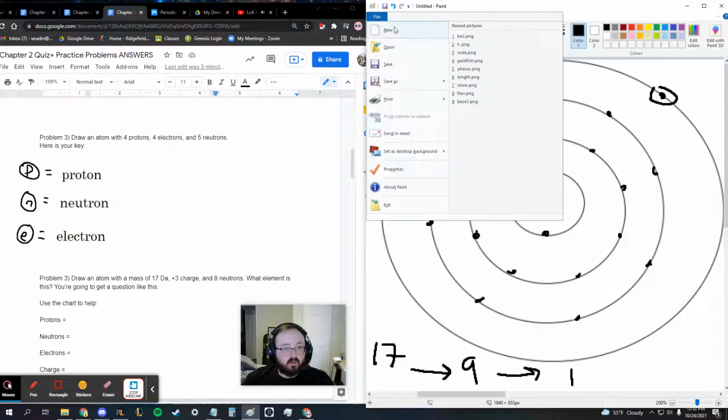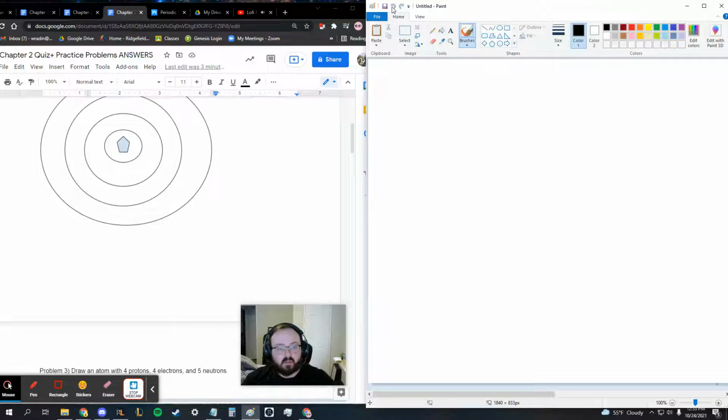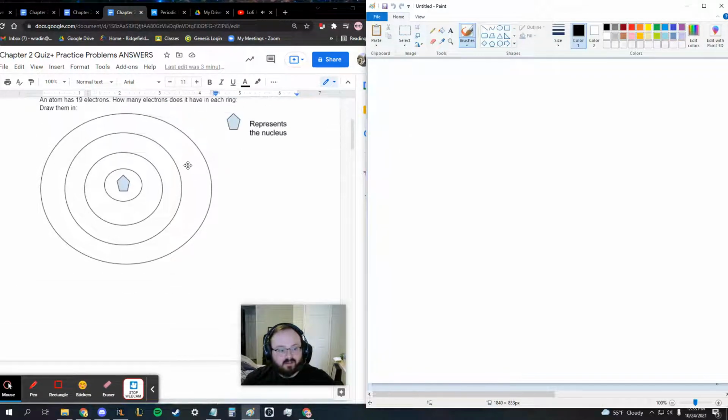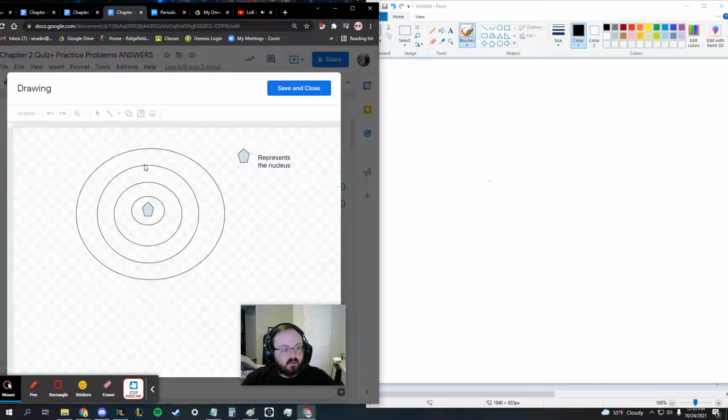Alright, so I'm just going to create a new one. Draw an atom with 4 protons, 4 electrons, and 5 neutrons. I wanted to import that image into here, but that's okay. I can edit this, I think.